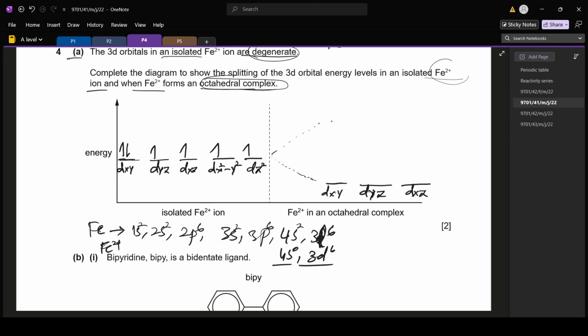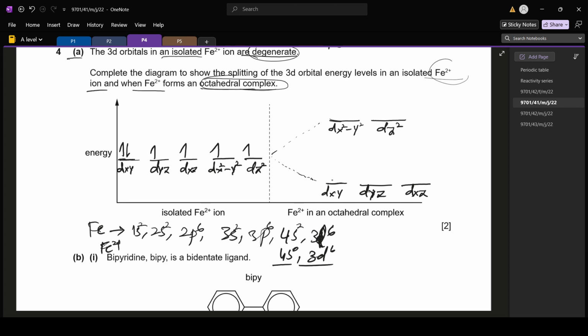In the higher energy level, we have dx square minus y square and dz square.